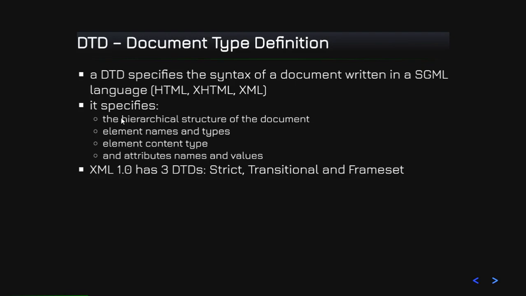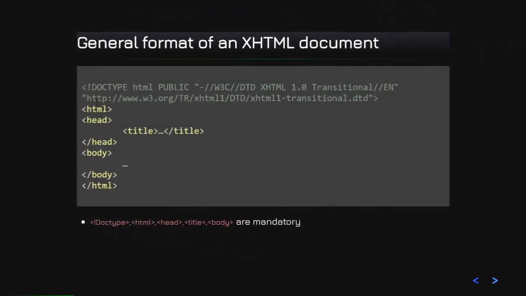For example, in the previous example, this DTD describes all these elements for this specific document that specifies the DTD to which it complies. So this document complies to this DTD specification.